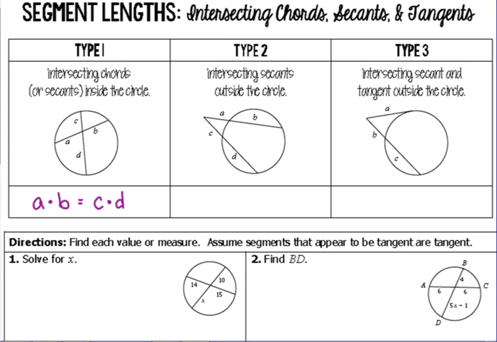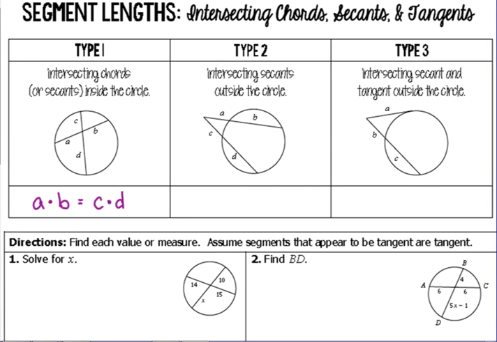CD is clearly longer than AB, so it doesn't make sense that adding A and B will be equal to adding C and D, because they're not the same length. But there is a proportion going on, so that's why we're multiplying.